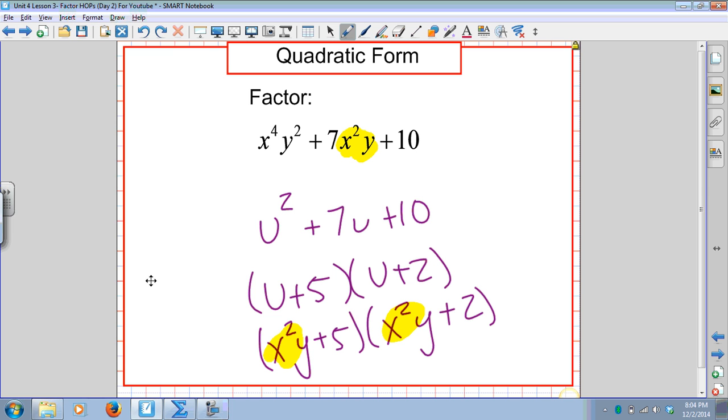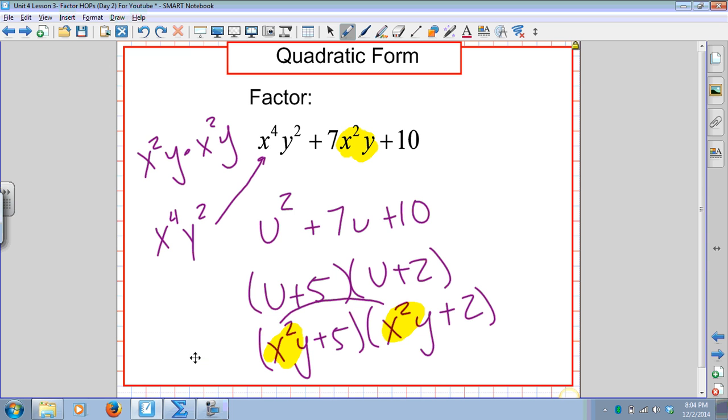If you want to, you can FOIL that back out. Let's just take the firsts, for example, and make sure that we believe that that multiplies to what we want it to. X squared y times x squared y. This is one of the reasons we've been doing all these exponent problems. That is x to the fourth y squared, which is exactly what we were hoping for.